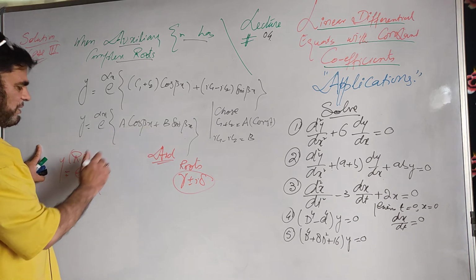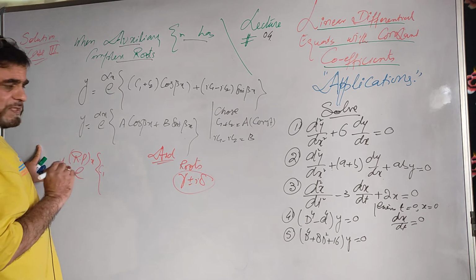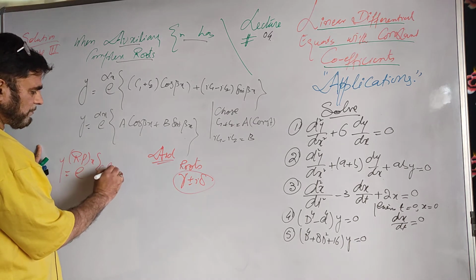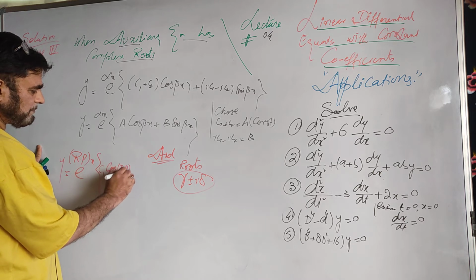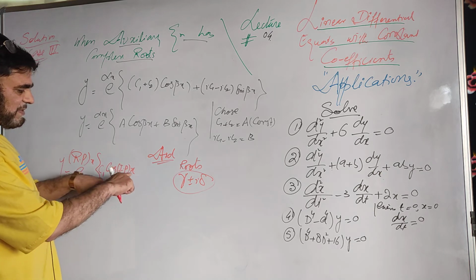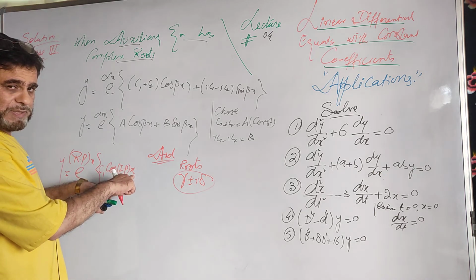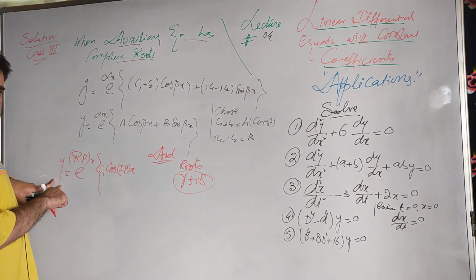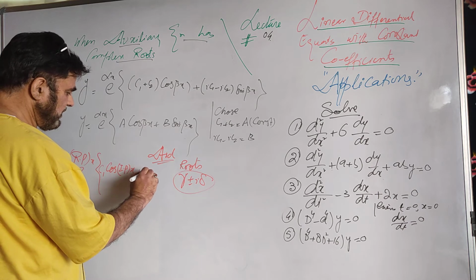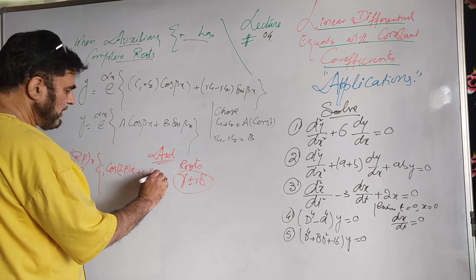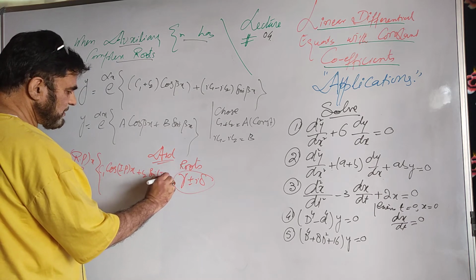So use c1, cos of the imaginary part of the complex number times x. Here x stands for the independent variable and y is the dependent variable of the differential equation. Then plus c2 sine of the imaginary part times x.